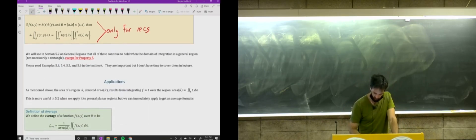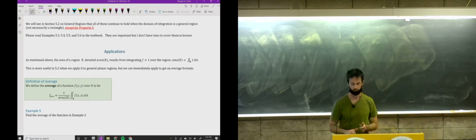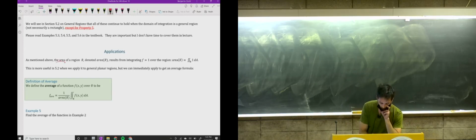What I want to show you is another application, an important application of double integrals. So I already mentioned the area property. I mentioned it like a minute ago.